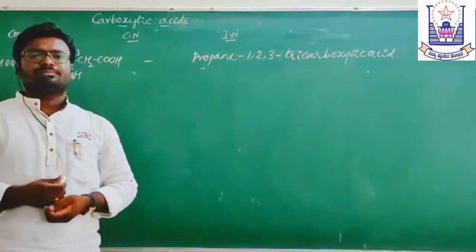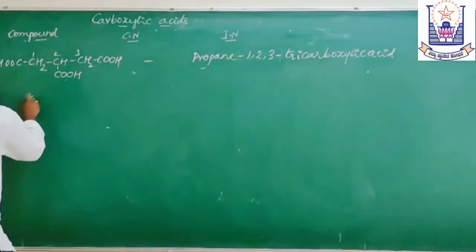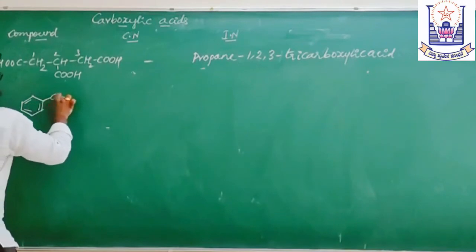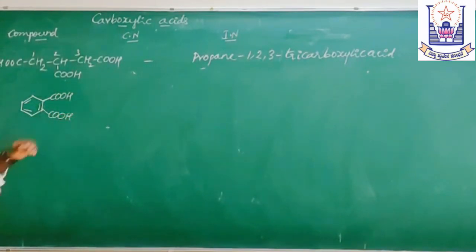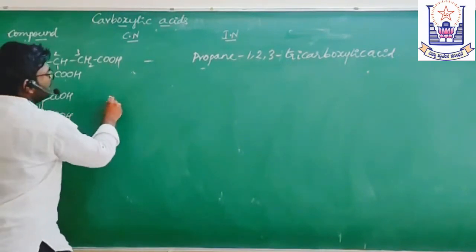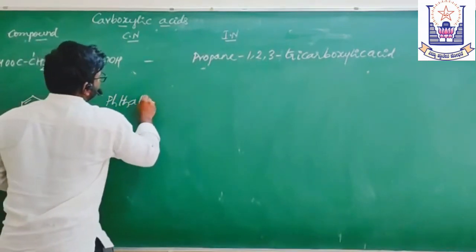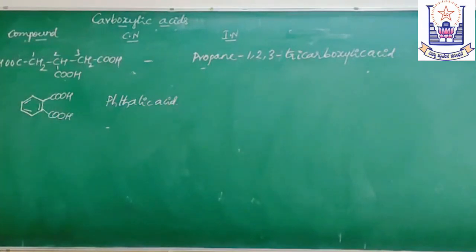Okay. Now, take an aromatic dicarboxylic acid. When COOH groups are directly present on the benzene ring, then it is called as aromatic. Okay. And what is the common name of this compound? Phthalic acid. P becomes silent here. Phthalic acid. And what is the IUPAC name?